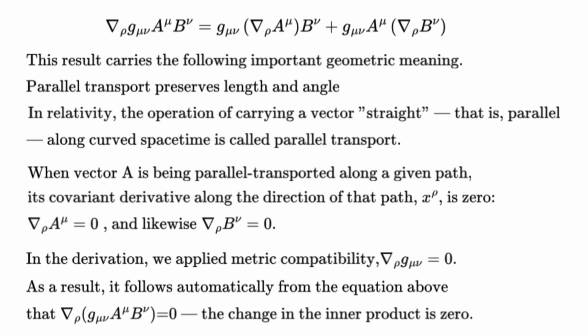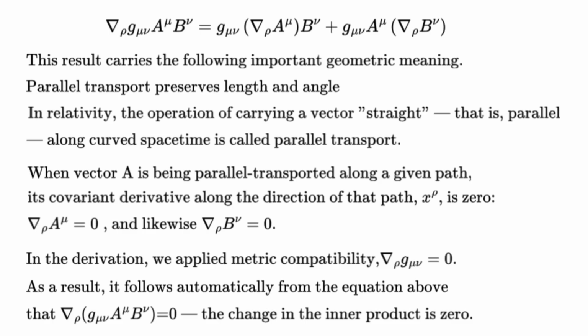This result carries the following important geometric meaning. Parallel transport preserves length and angle. In relativity, the operation of carrying a vector straight, that is parallel, along curved spacetime is called parallel transport. When vector A is being parallel transported along a given path, its covariant derivative along the direction of that path x rho is 0.